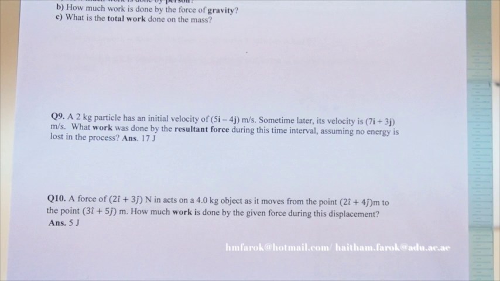Sometime later, its velocity is 7i plus 3j. What work was done by the resultant force? What work done by the resultant force means W net total. During this time interval, assuming no energy is lost in the process.